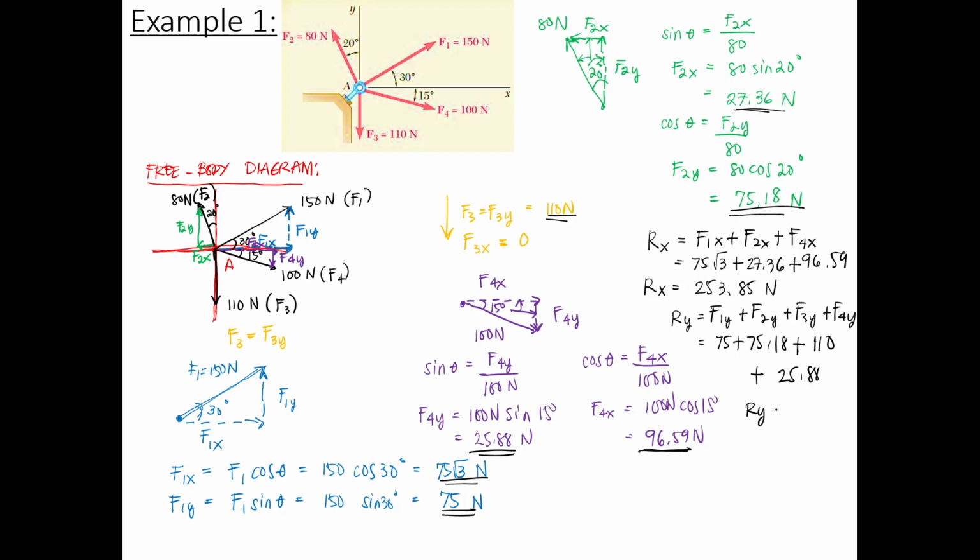So R sub y is equal to 286.06 newtons. So this will be your total horizontal force of the system, and this will be the total vertical force in the system.